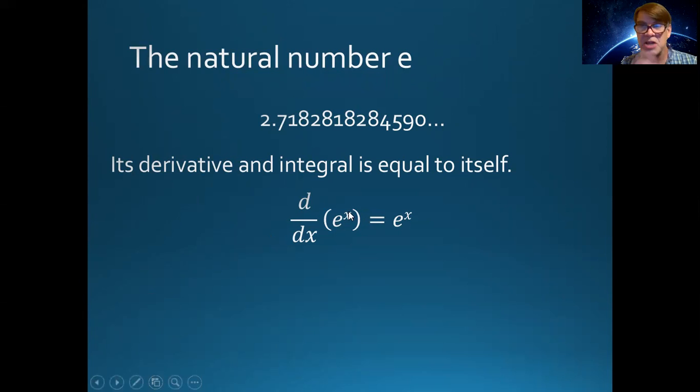But in the case of just x, the derivative of x is 1, so you didn't even know that we multiplied this by 1. So you do have to take into account that kind of chain rule stuff. But as a starting point, the derivative of e to the x is e to the x, which means, of course, that the integral of e to the x is e to the x.